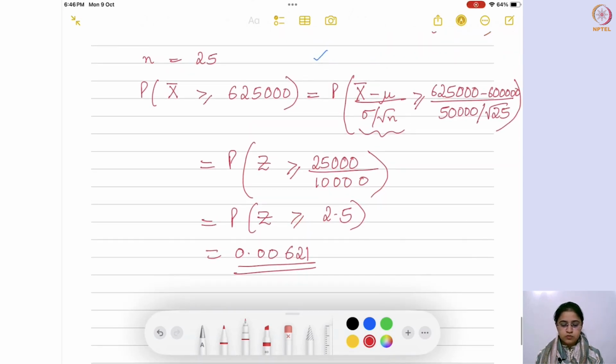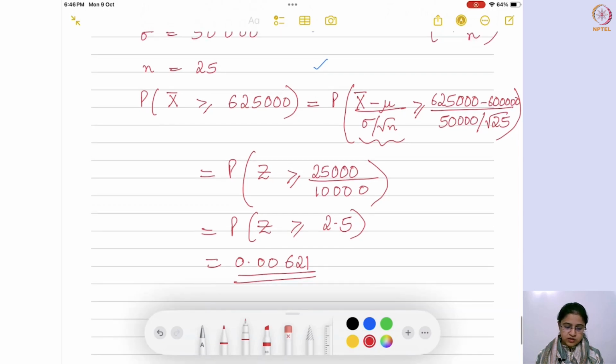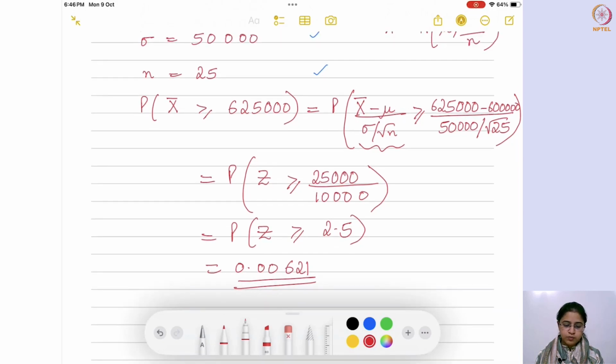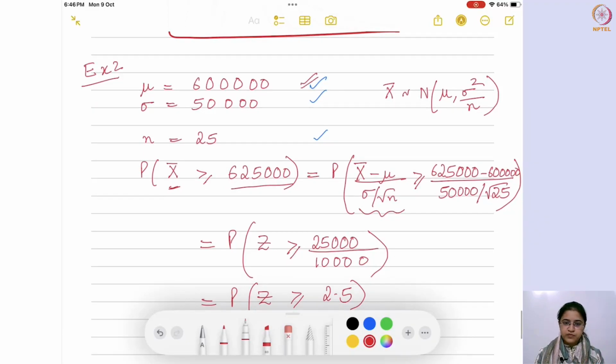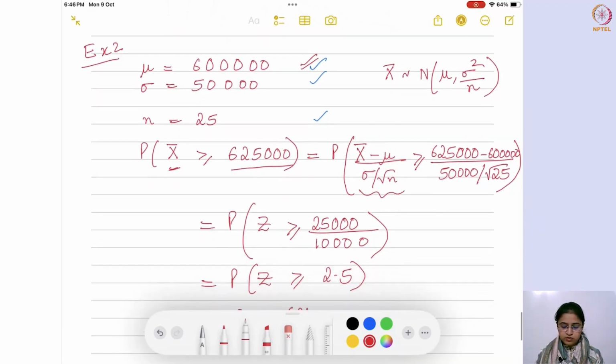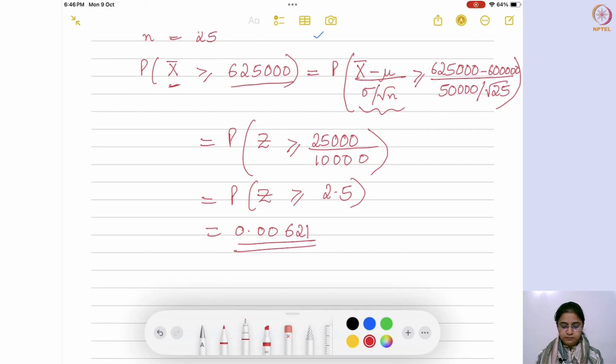In your question, they ask what is the probability that the average lifetime is going to be greater than this, given that the population mean is this. In this case, you have found that the probability for such a thing to happen is very, very low, because it comes out as 0.006.